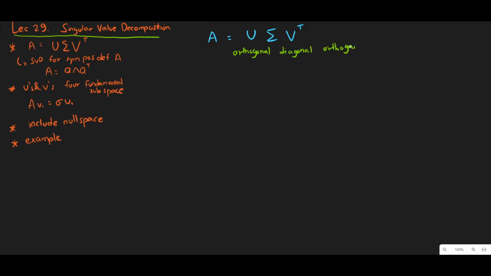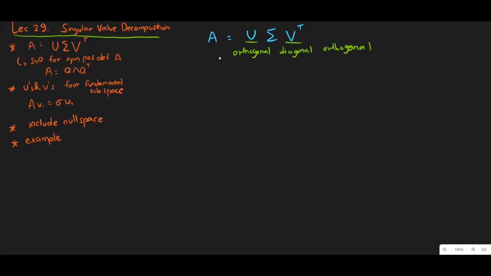Notice that we need these two orthogonal matrices U and V, which we will describe in the next part, and also we need the diagonal matrix here, the sigma.